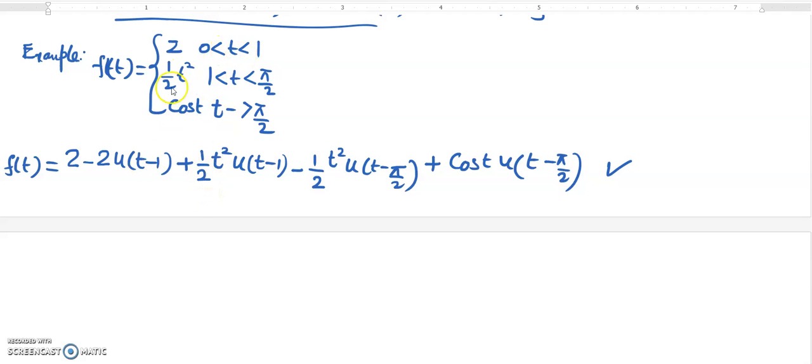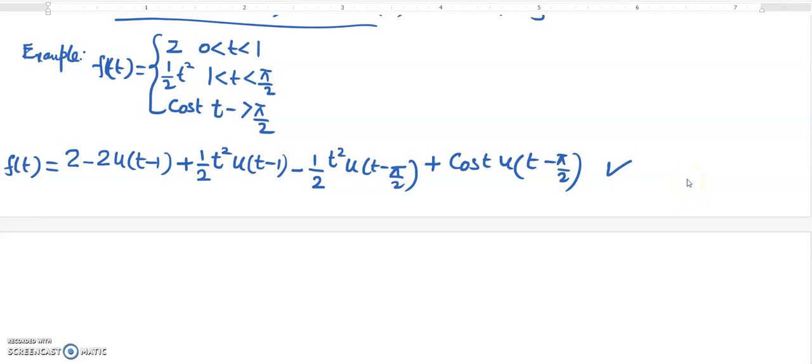Then you add the second component with the first unit step, then you subtract the same second component with the second unit step, which is pi by 2 over here, and then so on. You continue in this way.